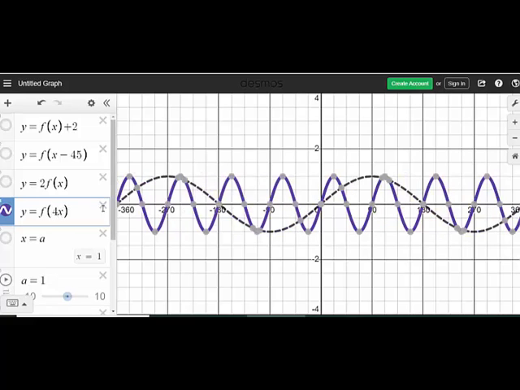I multiply it by 4, surprise, surprise, 1, 2, 3, 4 full curves. So what this number is doing is compressing my graph horizontally. It's squishing it sideways so that I have 4 full curves in the regular distance of 1 curve.